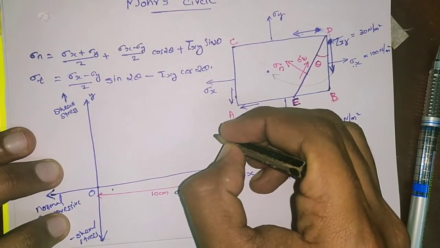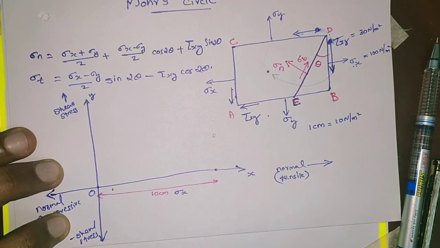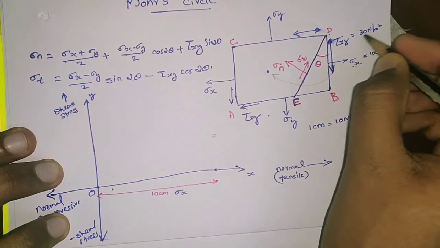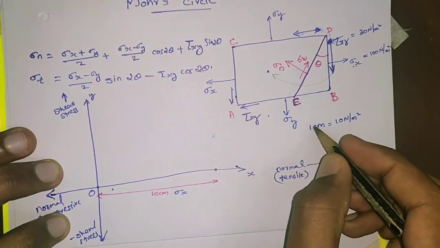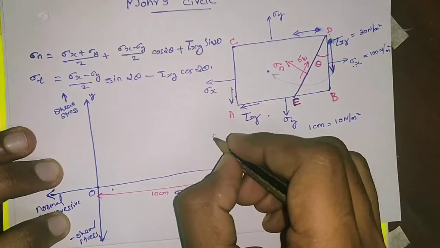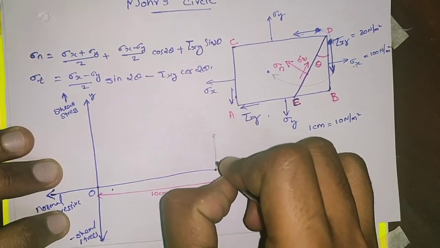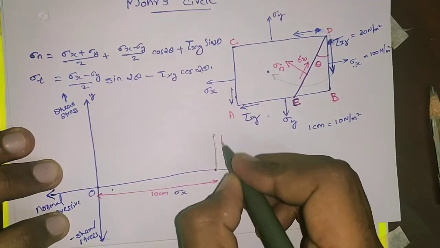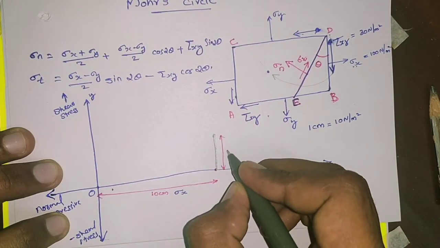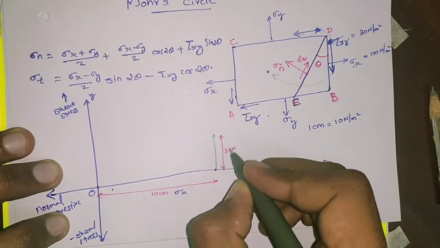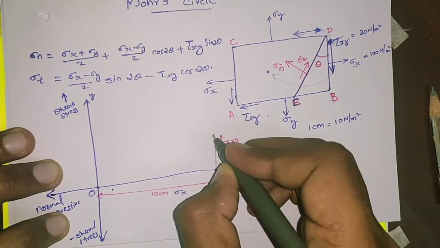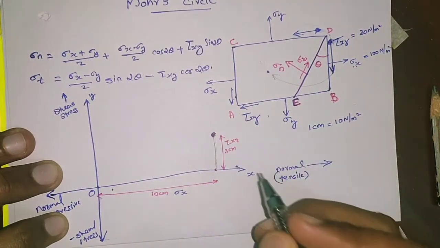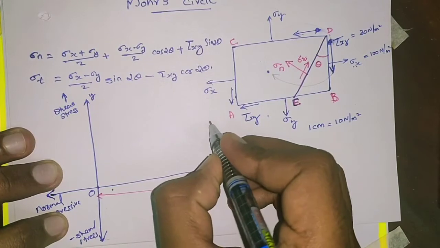Take 3 centimeter in the positive y direction, 3 centimeter, because here it is 30 Newton per meter square, so that is equivalent to 3 centimeter. This is the tau xy, and we got a point.